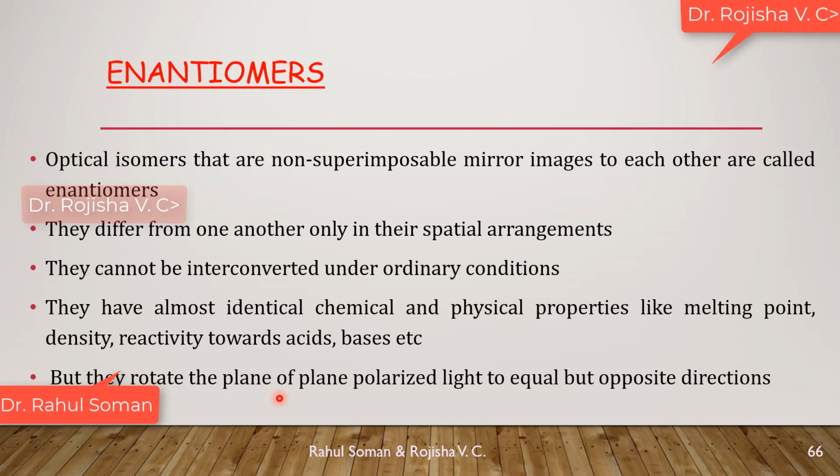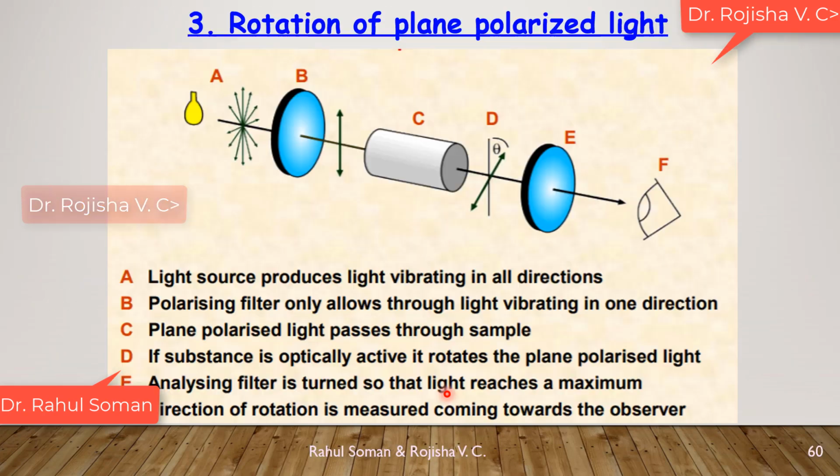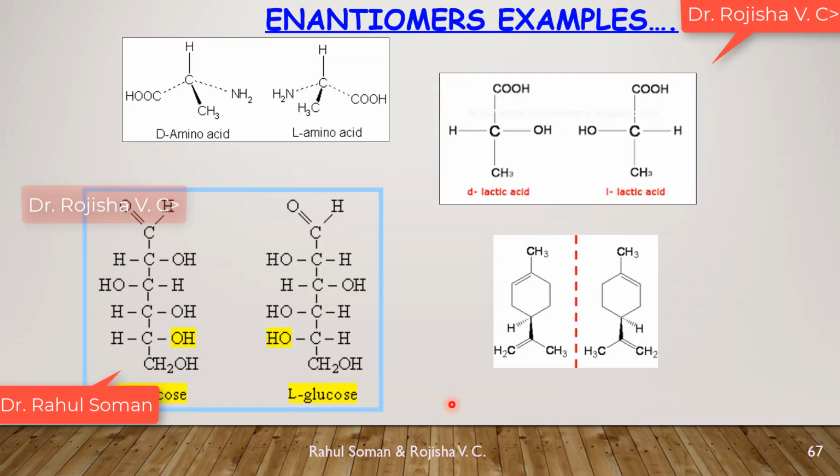If one isomer rotates plus 18, the mirror image will rotate minus 18. So the extent of rotation is the same, but in the opposite way. Extent of rotation here means this theta value. These we have already discussed. These are the different enantiomers.